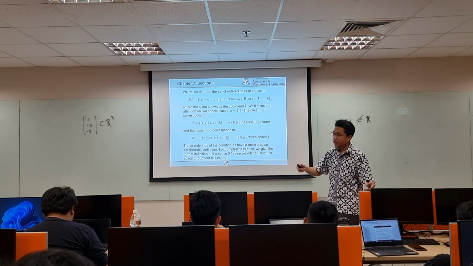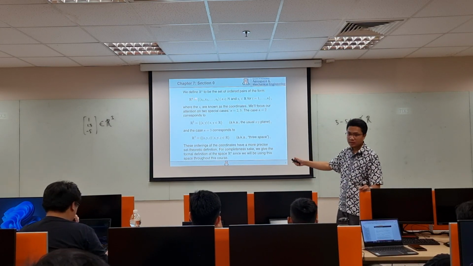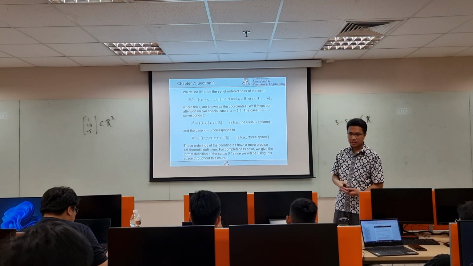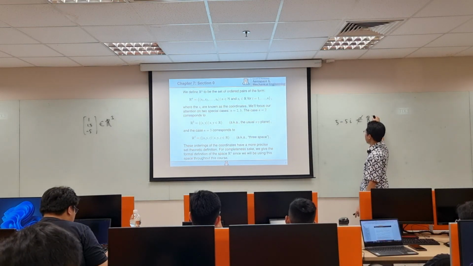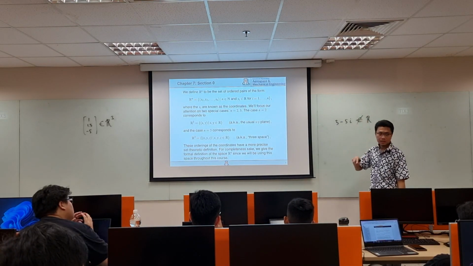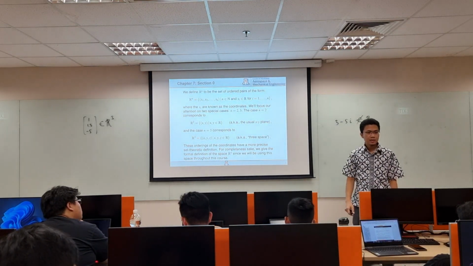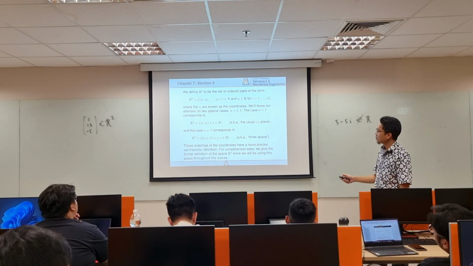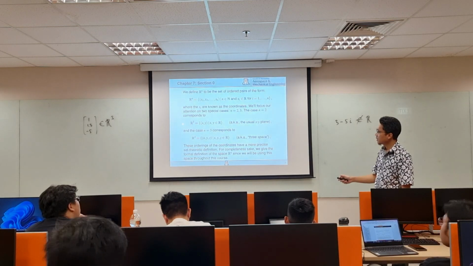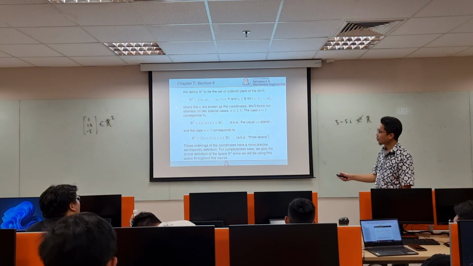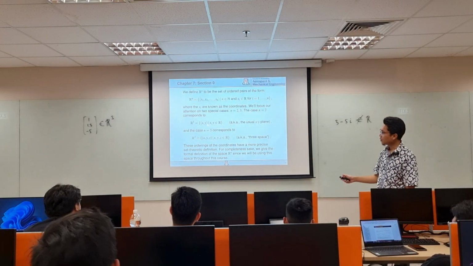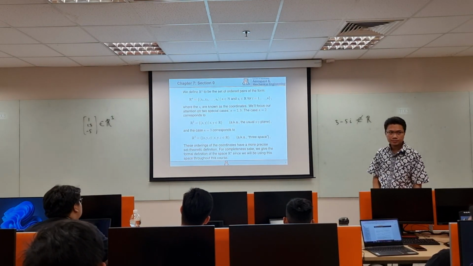So when we have a power in here, that means it is a vector already. If it doesn't have a power in here, then it means it is scalar. So this expression here discusses that if you have R2, then you only have 2 elements and each of them are real number.